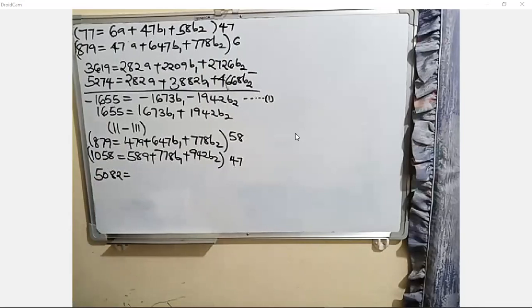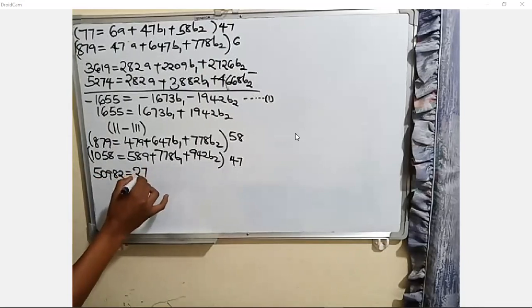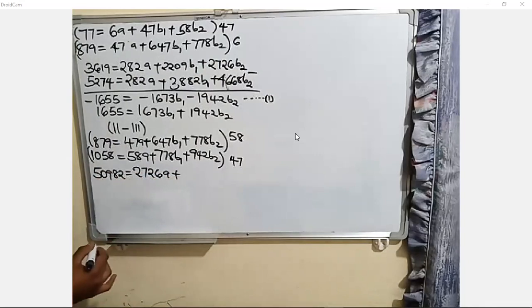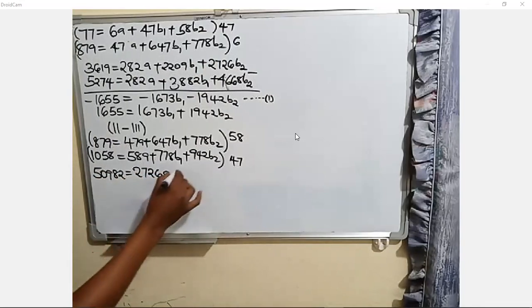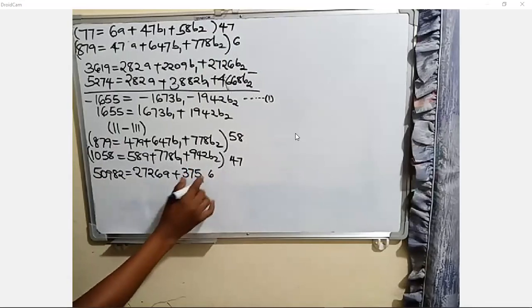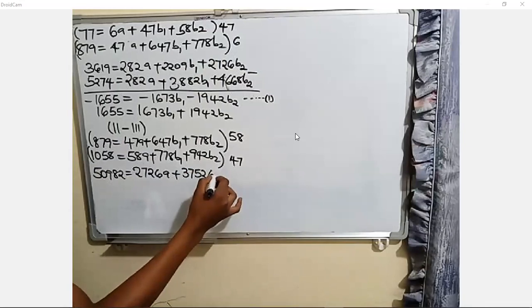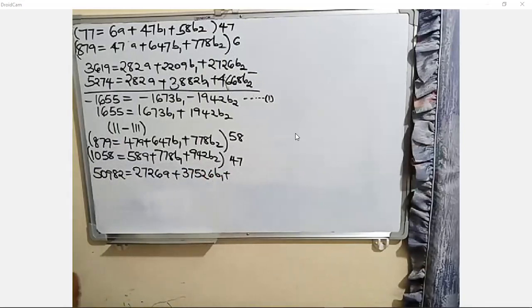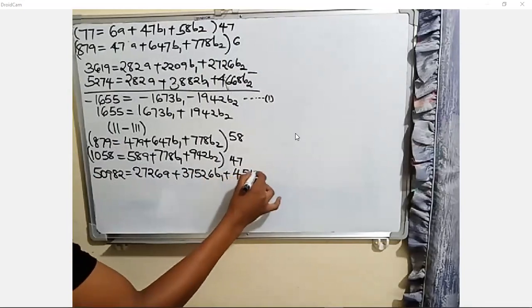50982. 47 times 58 is 2726, a, plus 37526, b1, plus 45124, b2.